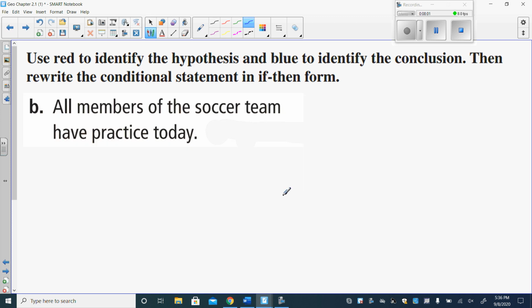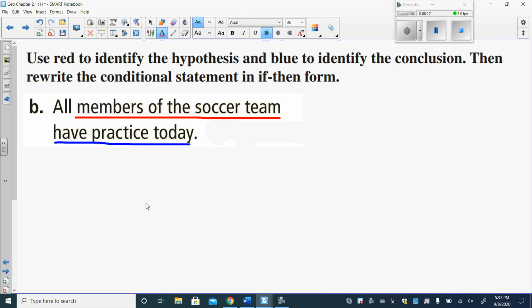So this is our last one here of these, writing an if-then form and highlighting. All members of the soccer team have practice today. So what are we talking about? Members of the soccer team. If someone's on the soccer team, then what happens? They have practice today. So we might have to change the wording a little bit.